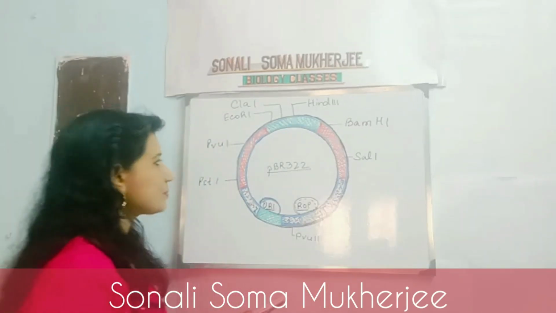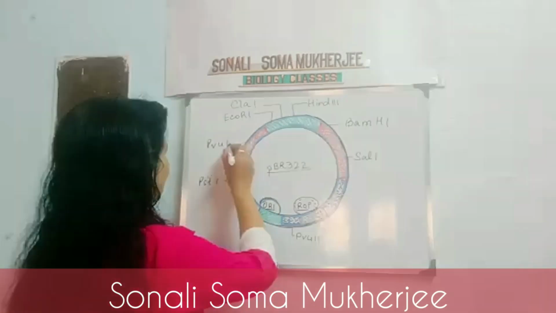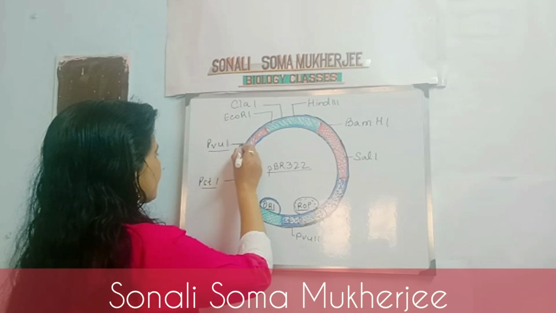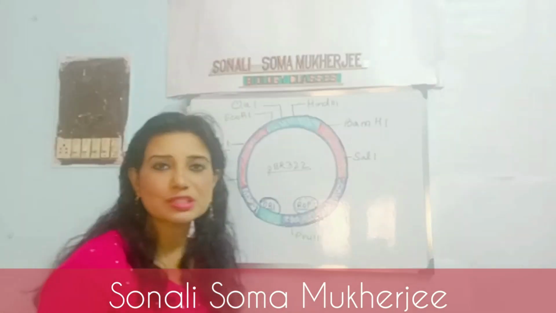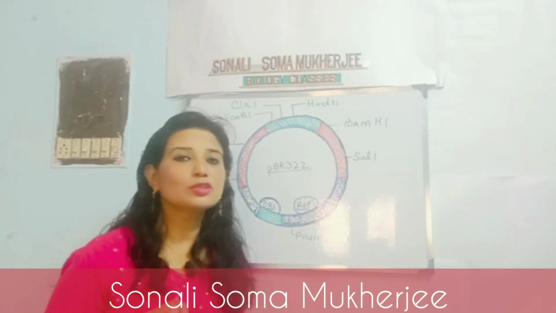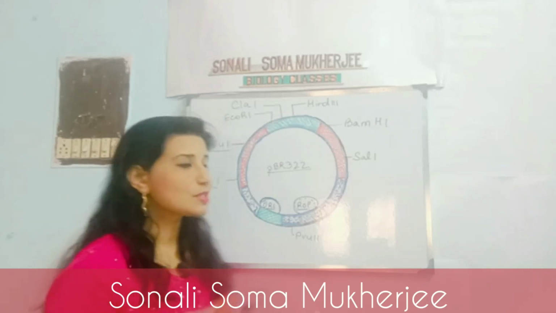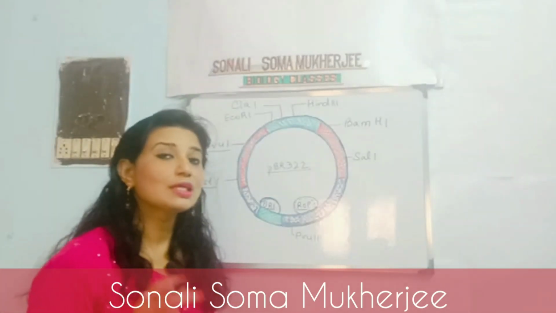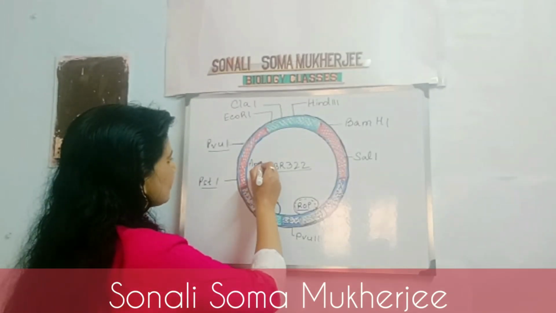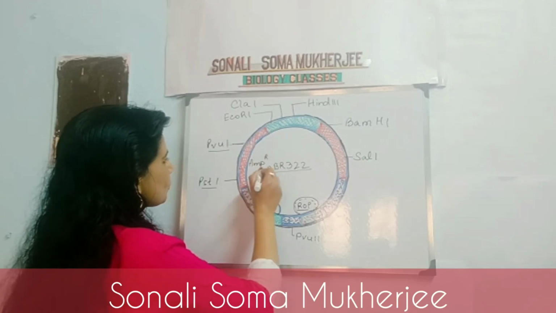Again I am repeating, these are present in genes that are encoding antibiotic resistance to which antibiotic? It is ampicillin. So you can write over here ampicillin, ampicillin resistance gene.